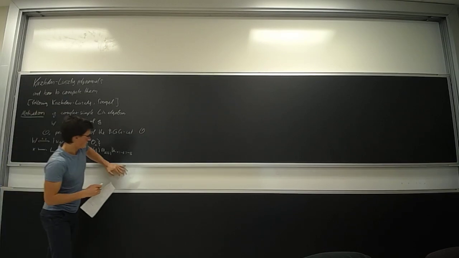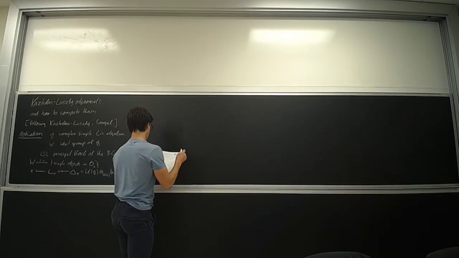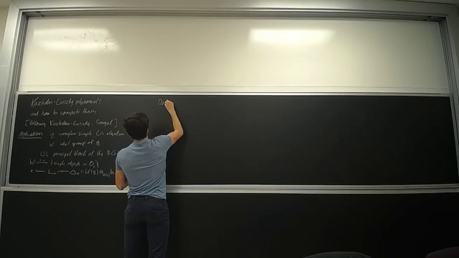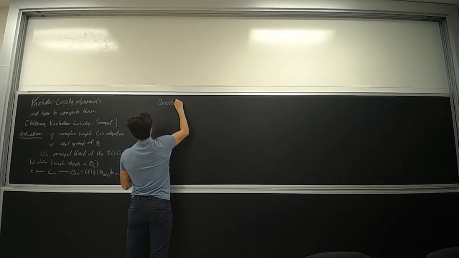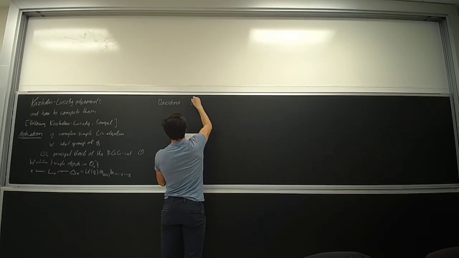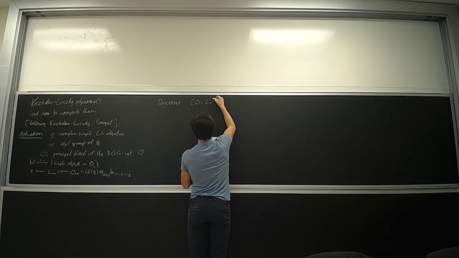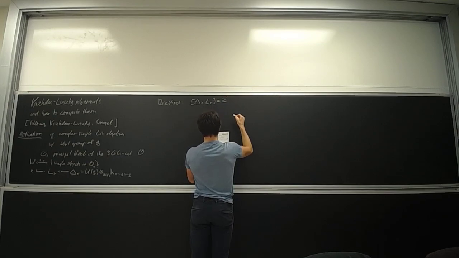So the important questions here are, for example, what are the composition multiplicities of the simple modules inside the Verma modules? And what are the dimensions of the Ext spaces between them?